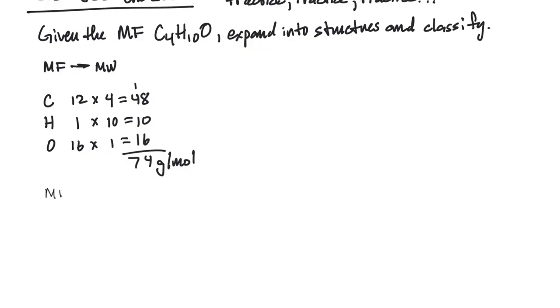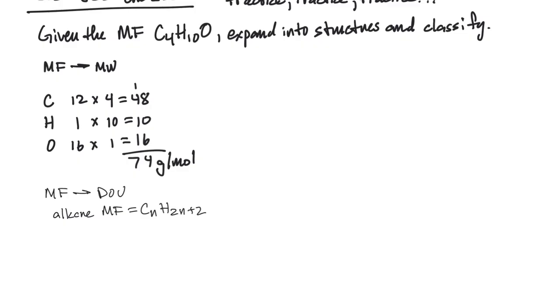We have the molecular formula. Let's go ahead and calculate the degrees of unsaturation. For that, we need to use the alkane molecular formula, CnH2n plus 2.